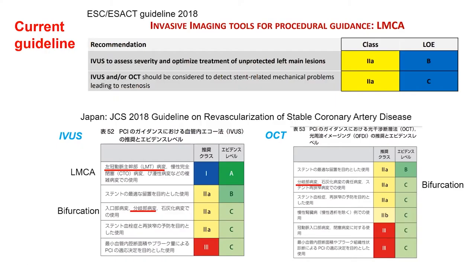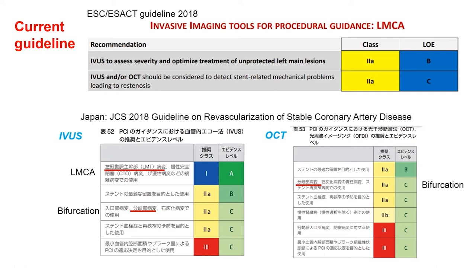According to this practical evidence, the current guideline for imaging guidance has been revised in the ESC guidelines. IVUS for left main, and IVUS and/or OCT for stent-related mechanical problems, are listed as Class 2A.